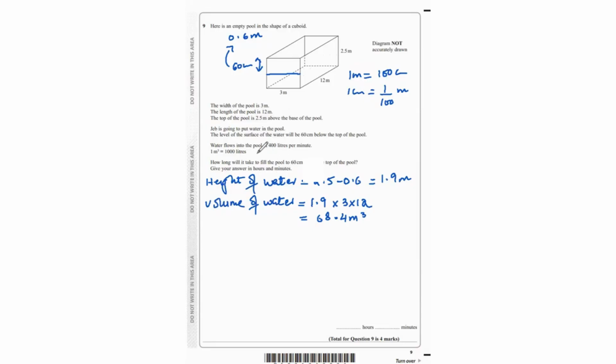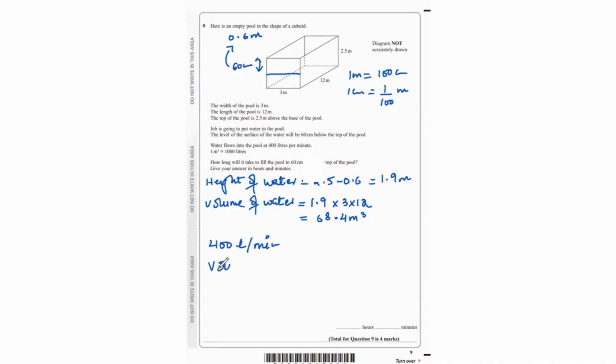Water is flowing at 400 liters per minute. Let's convert the meter cube into liters first. 1 meter cube is 1000 liters.